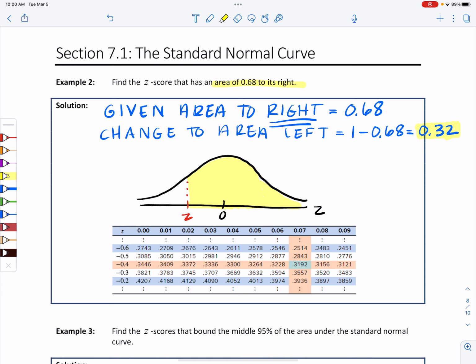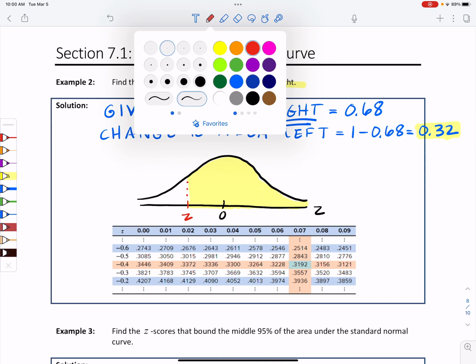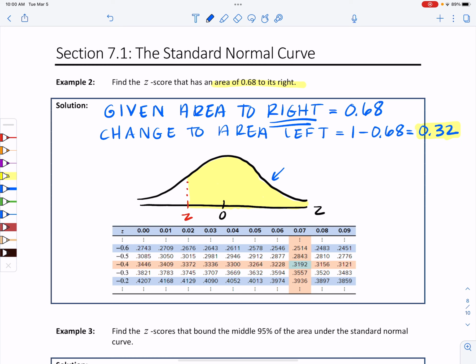The area given here was the area to the right of 0.68. Whether it's in words or on a graph, if the area given is to the right, I'm going to subtract it from 1, get the area to the left, and this is what I need to use to find z.